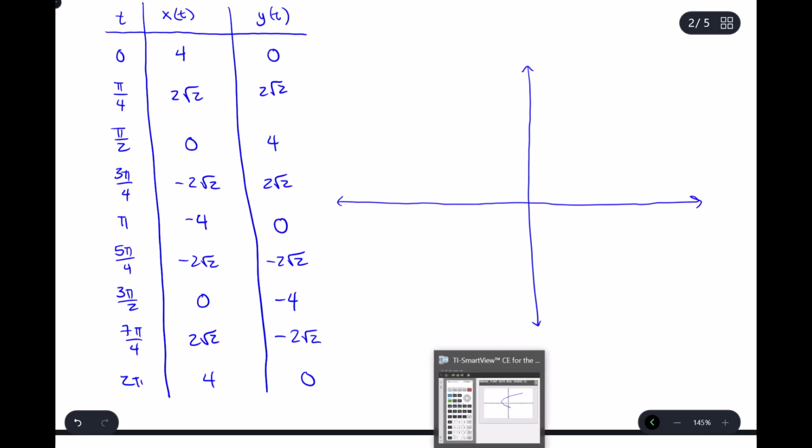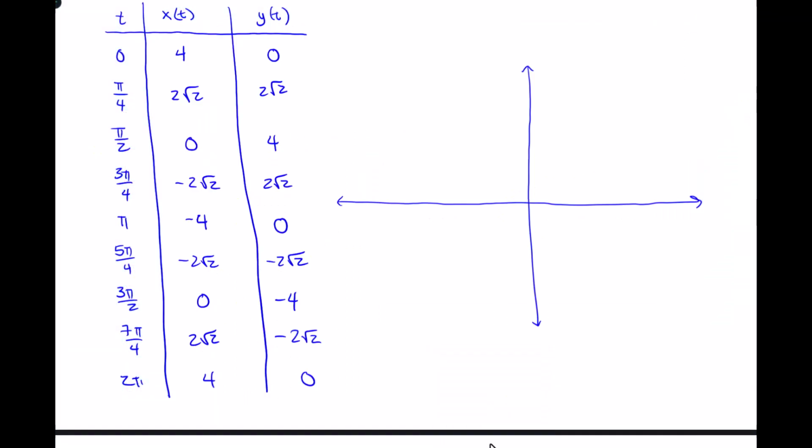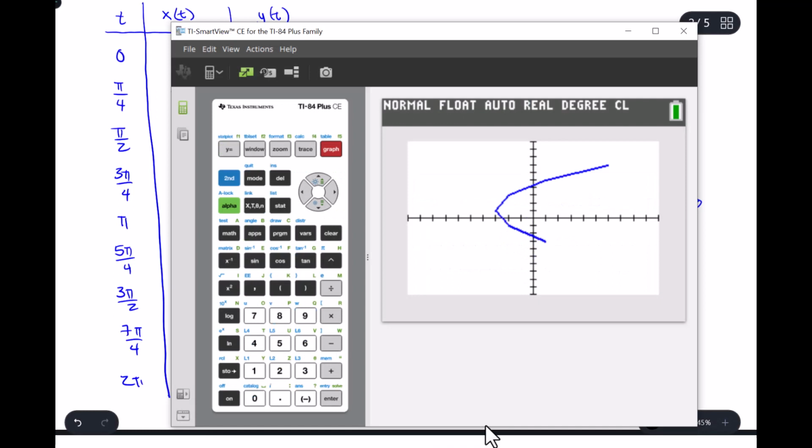All right, so 1, 2, 3, 4. 1, 2, 3, 4. All right, so let's plot the easy ones. So we have 4, 0, 0, 4, negative 4, 0, 0, negative 4, and then we're back to 4, 0. All right, 2 root 2, what is this value?